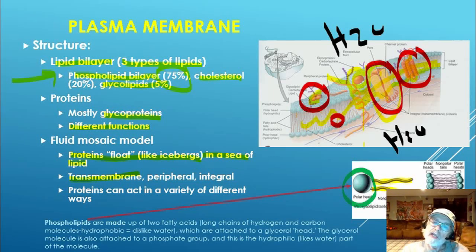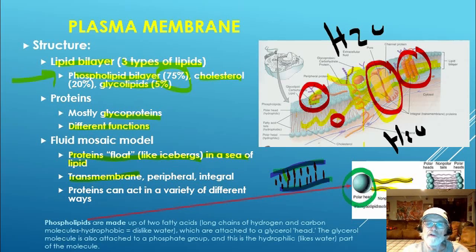Why? Let's do the glycerol layer right here, and the fat layer in here, coming down this way and up this way.